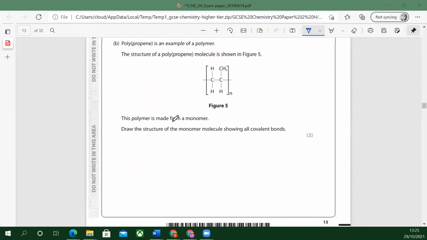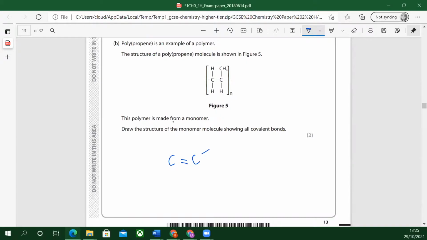Okay, so let's have a look. It's made from a monomer. So we've got polypropylene. It's got C. It's got a CH3 group. That's what I'm drawing now.